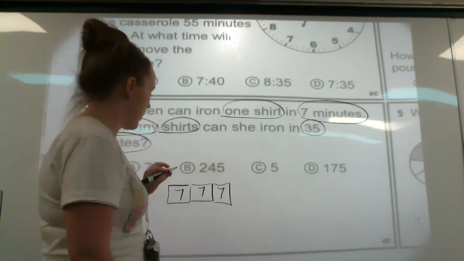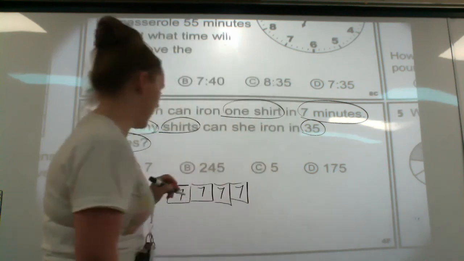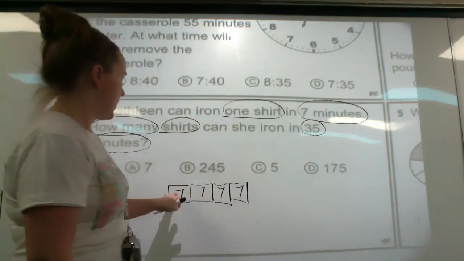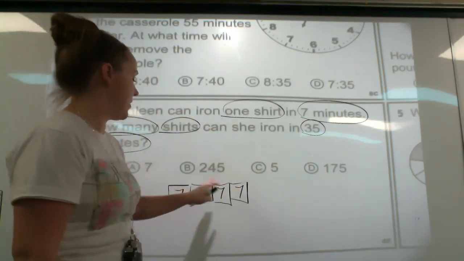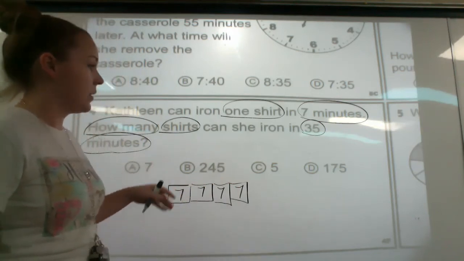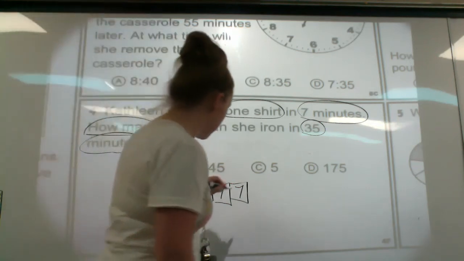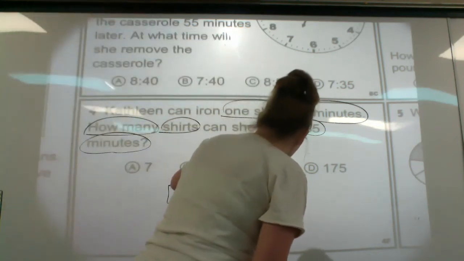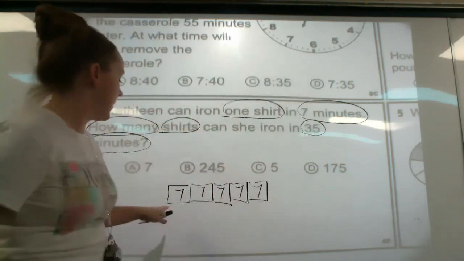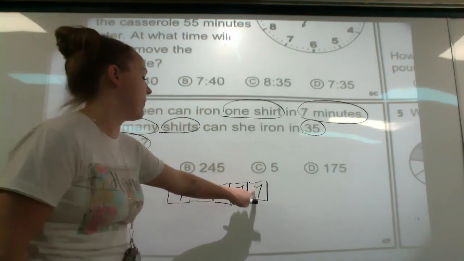So I can keep going. She's gonna keep on ironing. Put another 7 there. 7 plus 7 plus 7 plus 7, or 7 times 4, is 28. Can she maybe do another shirt? She sure can. So I'm going to add another 7 over here. Now look, how many 7s do I have? 1, 2, 3, 4, 5.